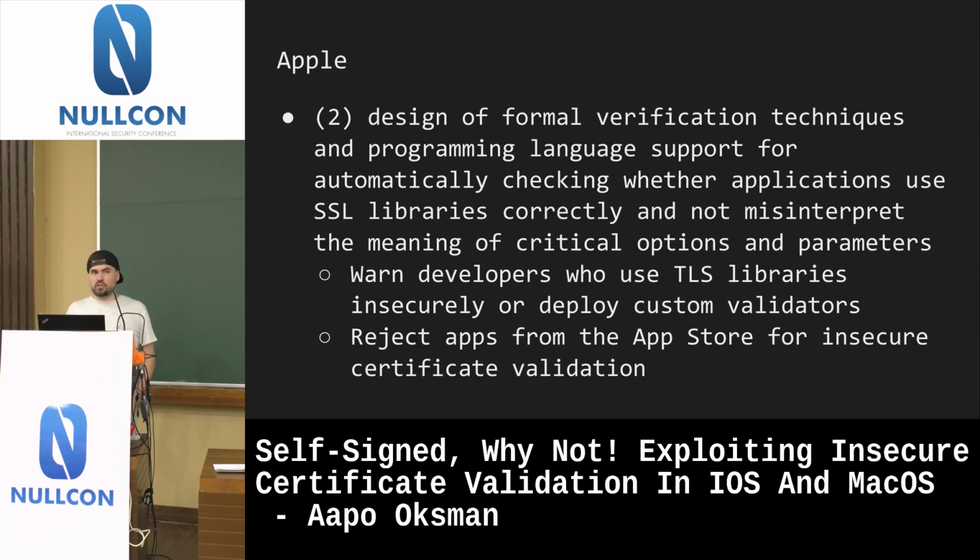So if you turn off certificate validation, you should get a warning during your build process. Or if you put in a custom certificate validator, you should get a warning that points to some resource saying, hey, this is not a good idea. And one thing Apple could do is just reject apps from the App Store if they have certificate validation disabled. If they turn it off in development mode for development, it shouldn't go through to the App Store without certificate validation.